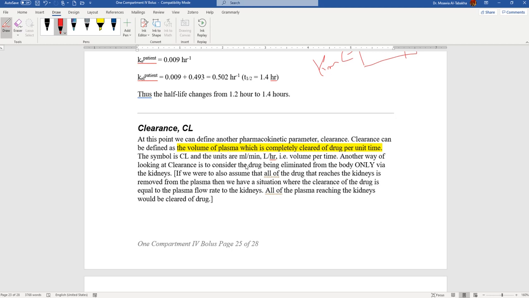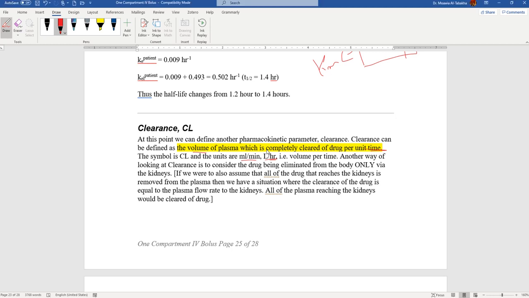The volume of plasma which is completely cleared of drug per unit time. That means the unit will be volume per time. So volume per time is the unit, and it's similar to the filtration rate which I described previously in creatinine clearance or the glomerular filtration rate. We talked about a similar thing.